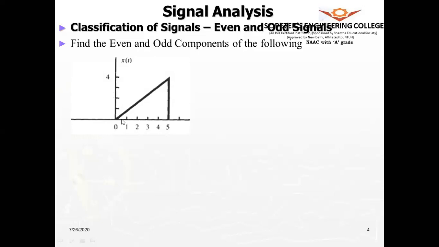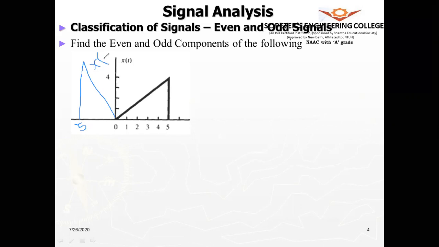Let me draw. When we fold the signal x of t for x of minus t, it will look like this. So this will be from 0 to minus 5. This is x of t, and this part of the signal we call x of minus t.